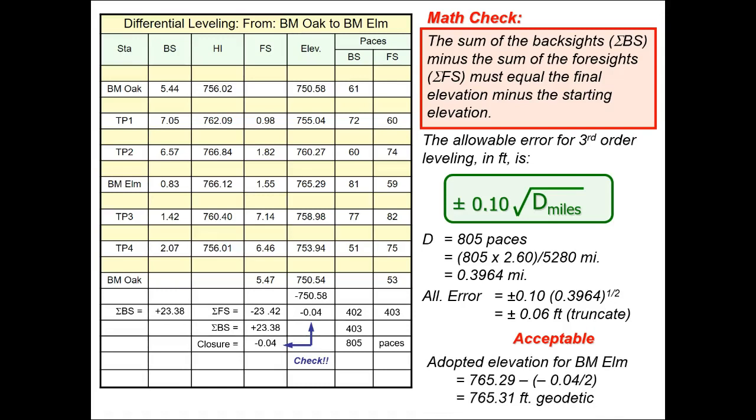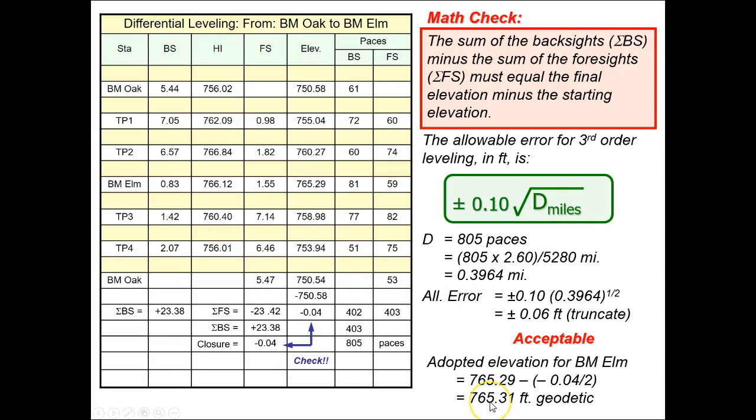So then if we wanted to figure out whatever our adopted elevation for a benchmark at Elm was, we can take our error, divide it by 2. Again, we were going forward and backwards. So we can start with the 765.29 value that we had here. And we had a little bit of error going forward and half the error going backwards.